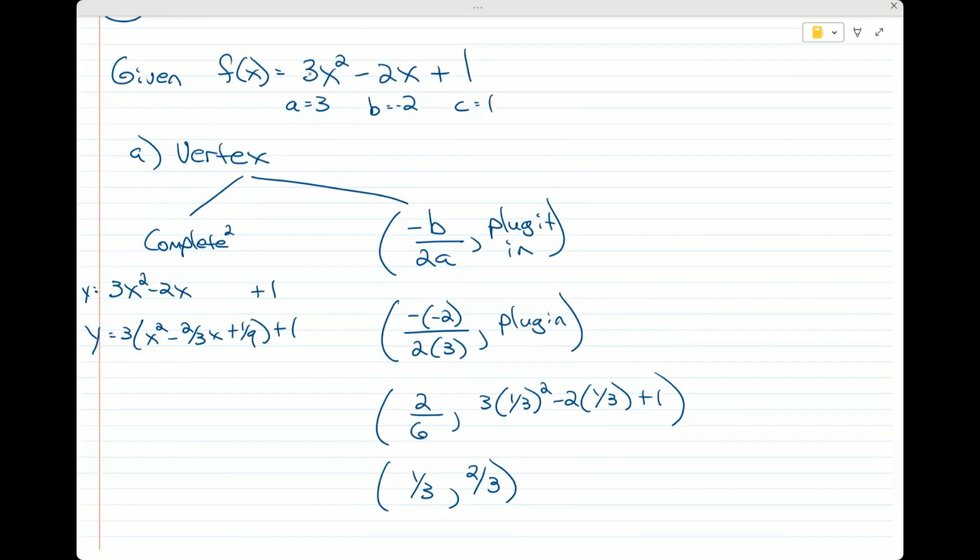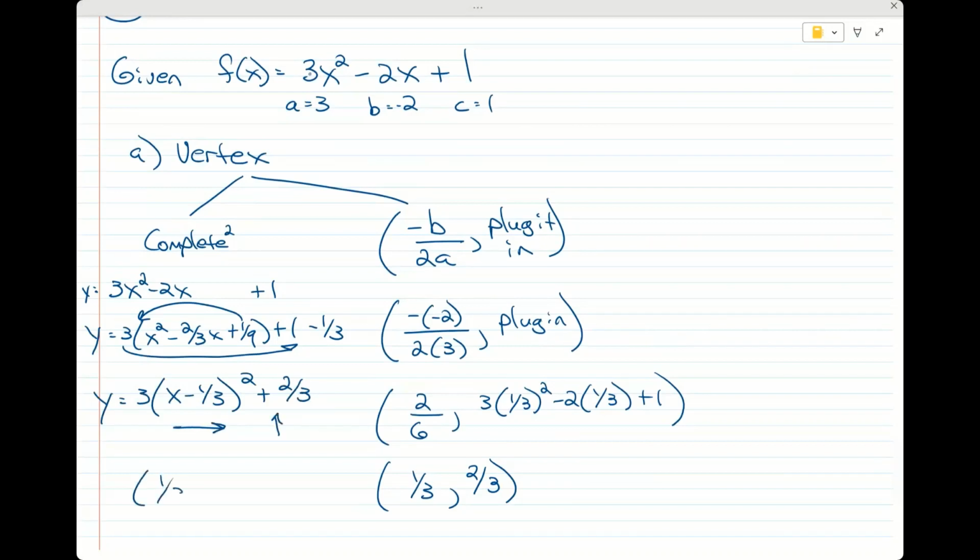And then when you add values to an equation, you have to balance it by subtracting it. So 1/9 times 3 is 3/9, or 1/3, which we have to subtract. So this is going to factor to be y is equal to 3 times (x minus 1/3) squared plus 2/3. This is moving the graph to the right and then up, which gives us the same exact vertex of 1/3, 2/3.